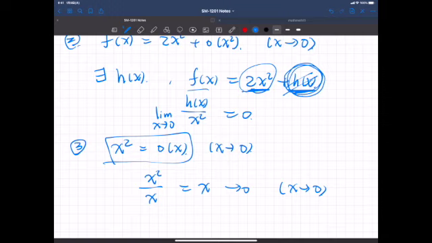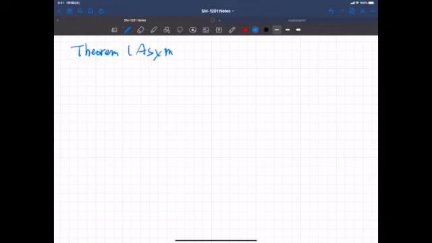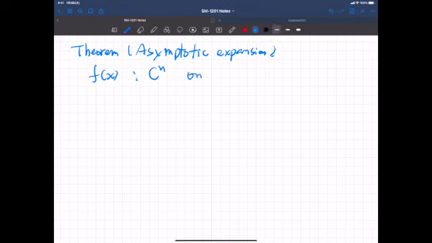Now we have the language to describe the next theorem, which is about asymptotic expansion. Let f of x be a C^n function defined on some open interval containing a.